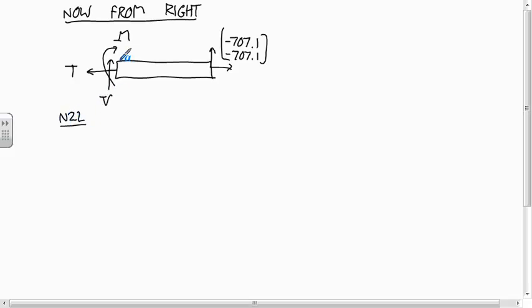Newton's second law says, with that T, is that in the positive or negative x direction? That's in the negative x direction. So this is negative T, 0. Is the V in the positive or negative y direction? Yep, so this is 0, positive V. And then add on this external force.